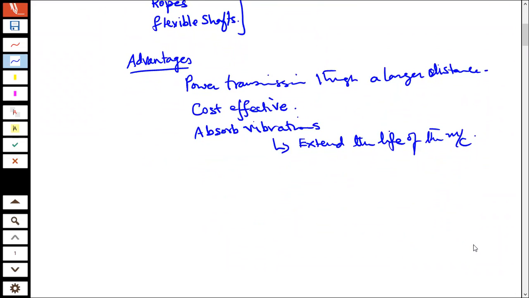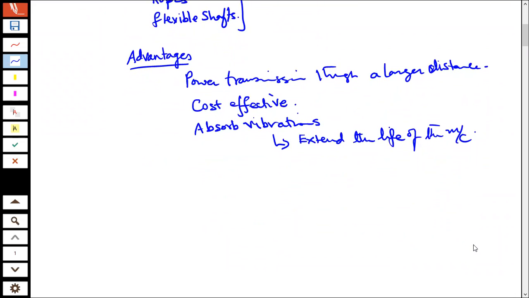Also, these are, you can say, easy to maintain. Okay? So there are different advantages of these flexible power transmission elements.